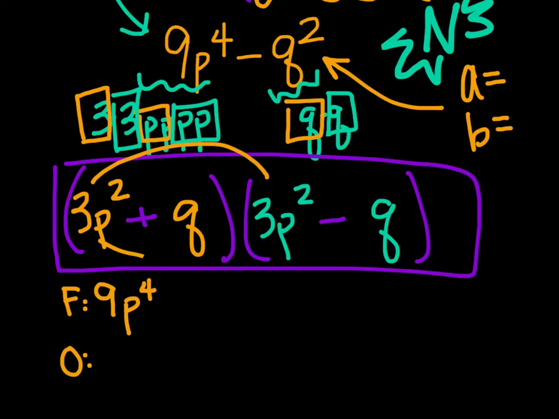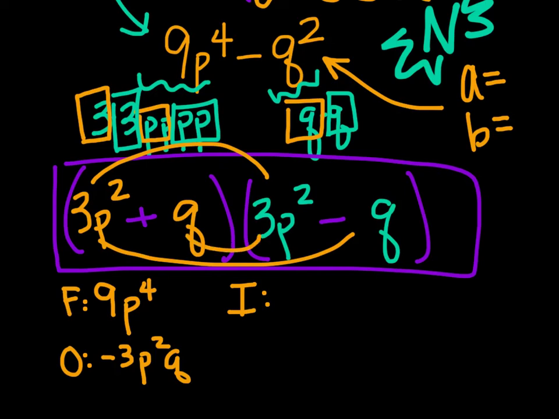The outside term, 3p squared times a negative q, will get us negative 3p squared q. Inside term, let's do that one. Q times 3p squared, we'll say 3p squared times q. I'm just rearranging it so it looks better, biggest to smallest sort of thing.